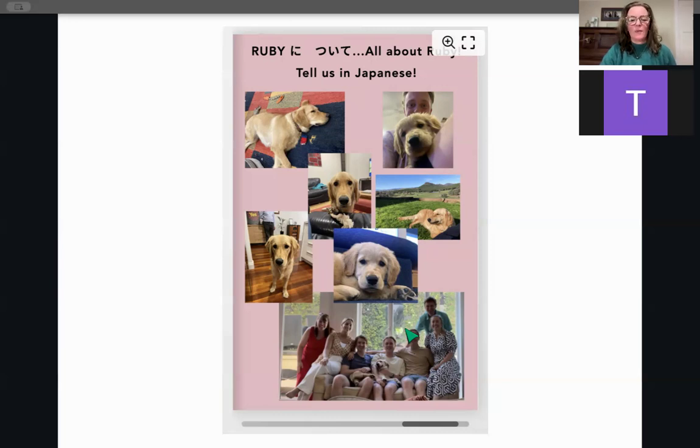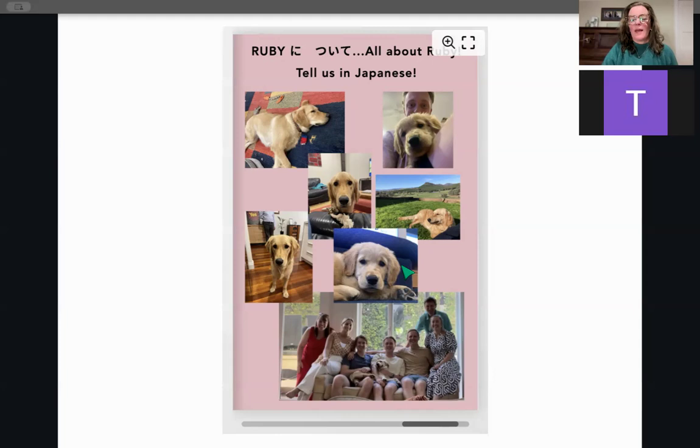So some of them were just Ruby desu, Ruby wa inu desu, Ruby genki desu, sensei desu. So Ruby wa shiro and kuro were passwords, so they were able to incorporate that as well.